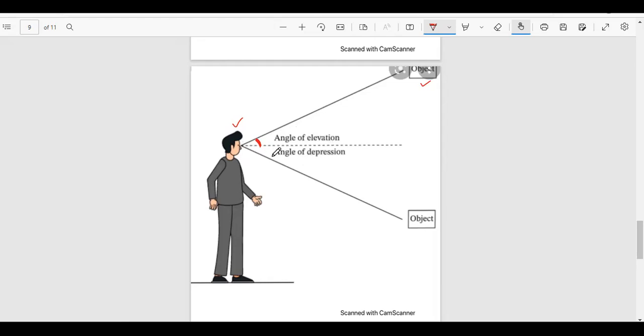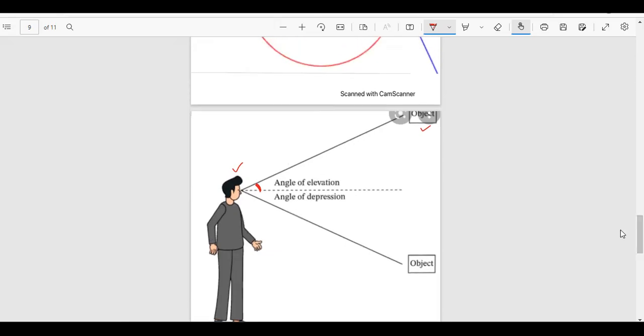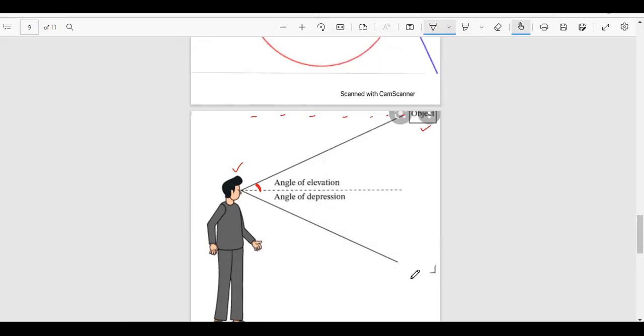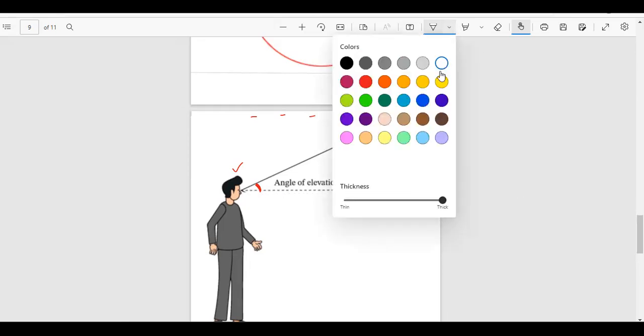This man would have to raise his head by this much angle, and then he would be able to see the object. And the angle of elevation would be the same as the angle of depression for these two objects. Now, what would be the angle of depression? I'll tell you. We'll make a dotted line here. At the moment, just forget about this object.